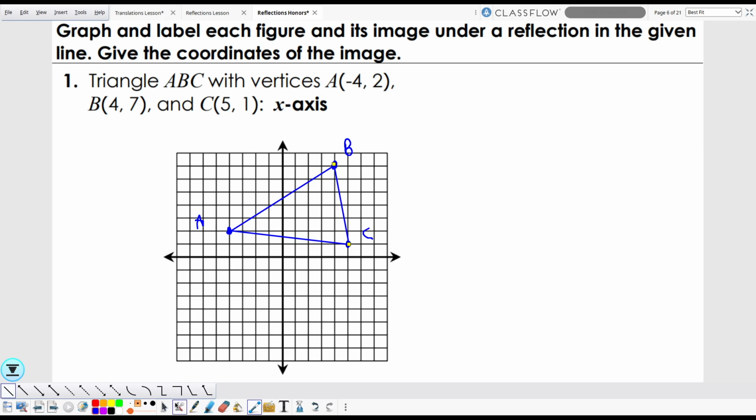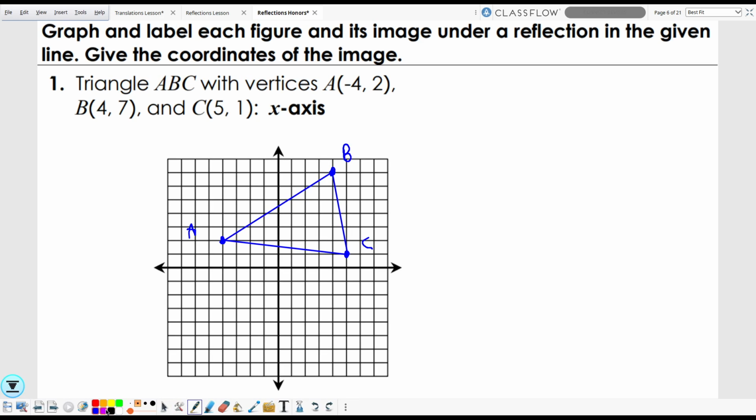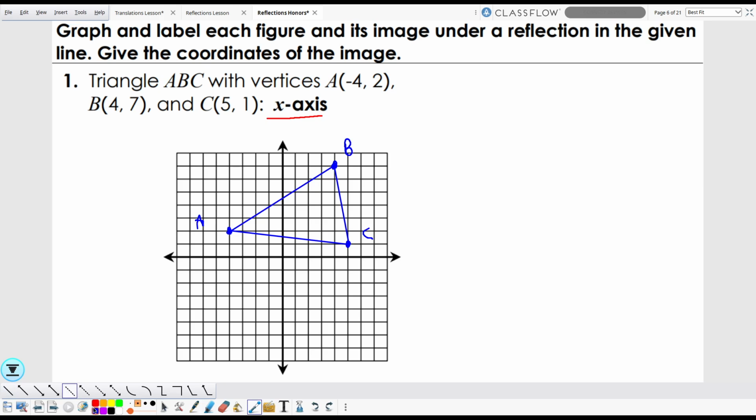So I'm going to reflect each point over the x-axis. Basically, I'm just going to think of it the same way we did last time. Look at point A. It's 2 spaces away from the x-axis. So I know the image, A prime, is going to be 2 spaces away.